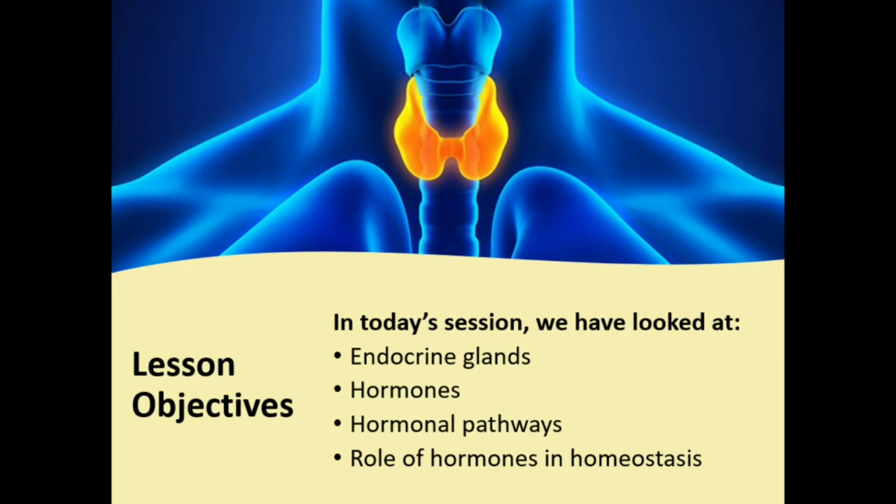So we looked at the hormones involved in maintaining blood glucose levels, so insulin and glucagon. And then we also looked at the role of the hormones calcitonin and parathyroid hormone used in regulating our blood calcium levels. So these are examples of homeostasis within the body.